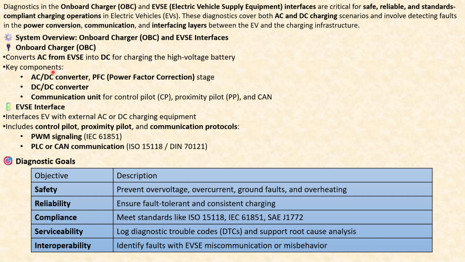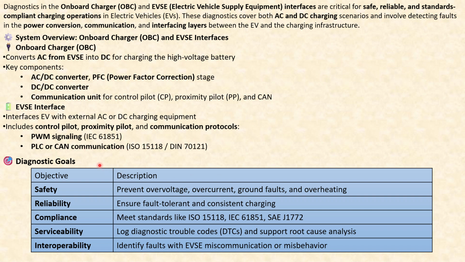Now coming to the key components: AC-DC converter, power factor correction stage, DC-DC converter, communication unit for control pilot, proximity pilot, and CAN EVSE interface. Other important components interface the EV with external AC or DC charging equipment. It also includes control pilot, proximity pilot, and communication protocols. Also, it takes care of the pulse width modulation signaling, the PLC and CAN communication.